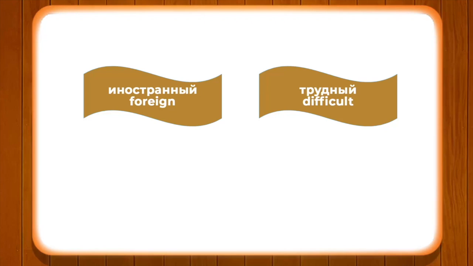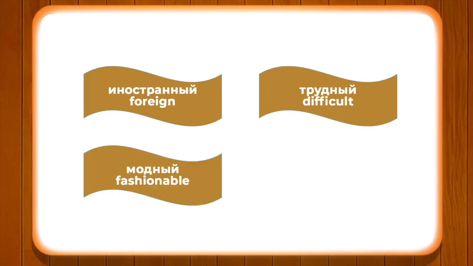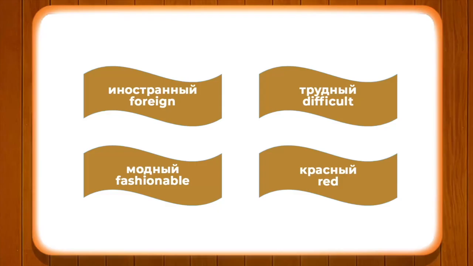Likewise, we had modny means fashionable and krasny means red. If you pay attention, we are not only learning words, we are also making a kind of pattern where you have similar things, words, and expressions which come in a context. For example, in this module itself we have done 3 different words belonging to colors.